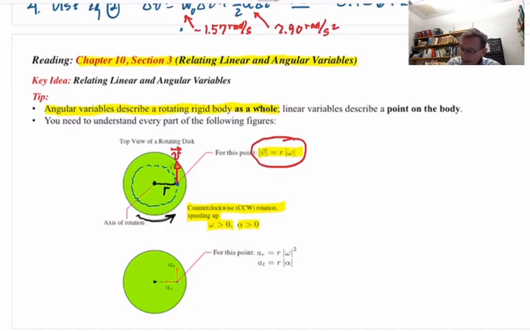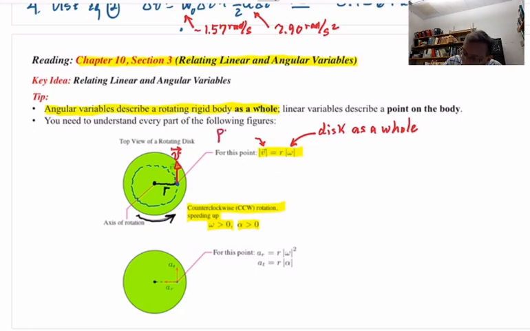Okay? I'm going to take that red circle away now because I want to write some more things. So what we're doing here is we're relating a kinematic property for the disk as a whole, namely the magnitude of the angular velocity, to a linear kinematic quantity of a point on the disk.